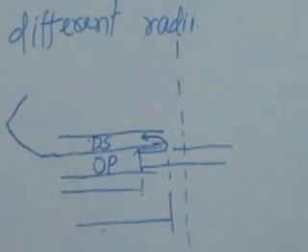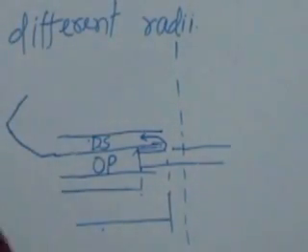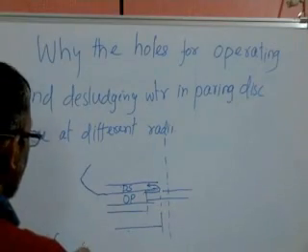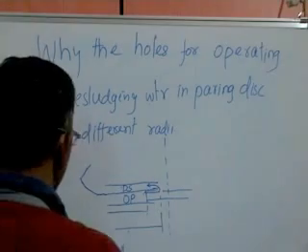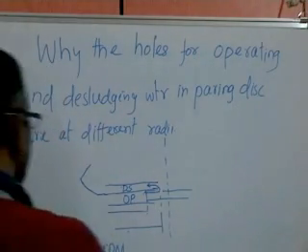When the radius is more, we know that the centrifugal force is directly proportional to the RPM and the radius.